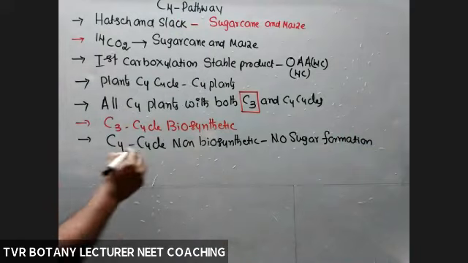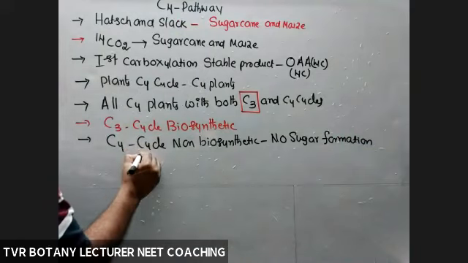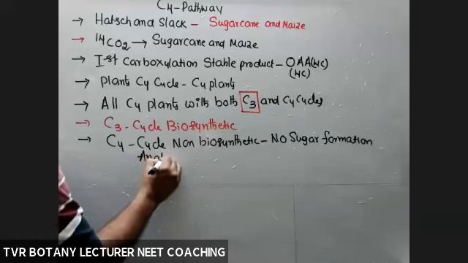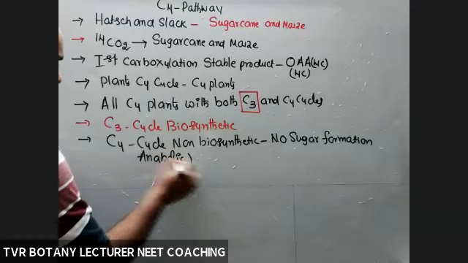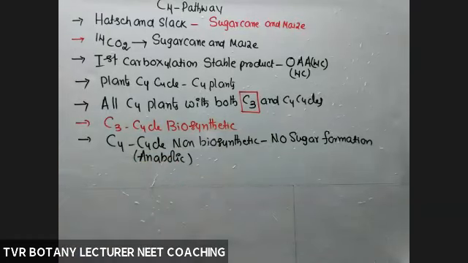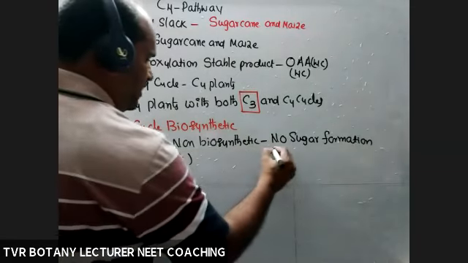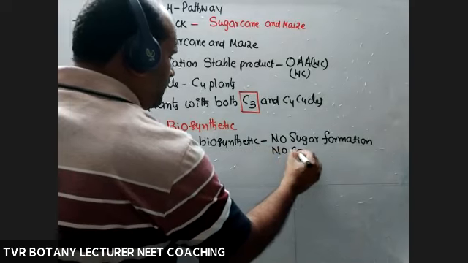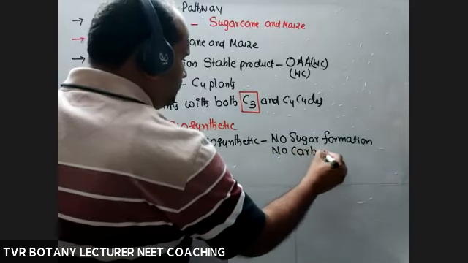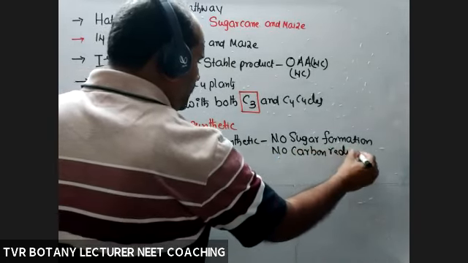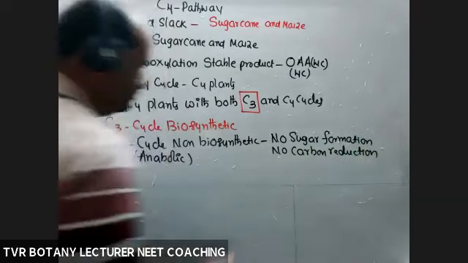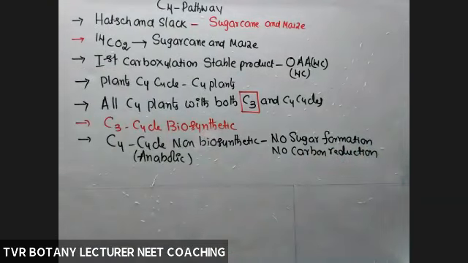Anabolism and non-biosynthetic, both are anabolic pathways. But there is no reduction of C of CO2 into carbohydrate. So there is no carbon reduction. Not concerned with carbon reduction.